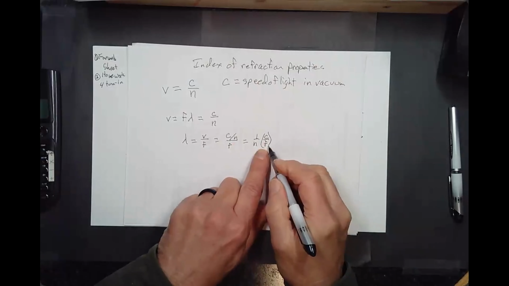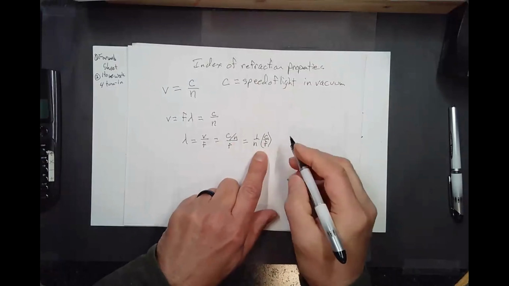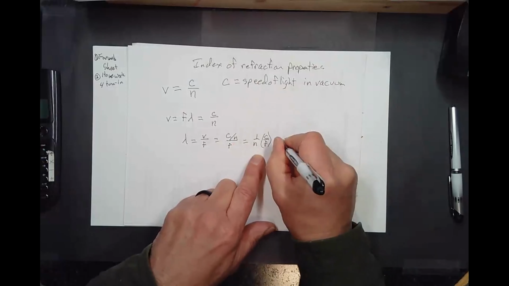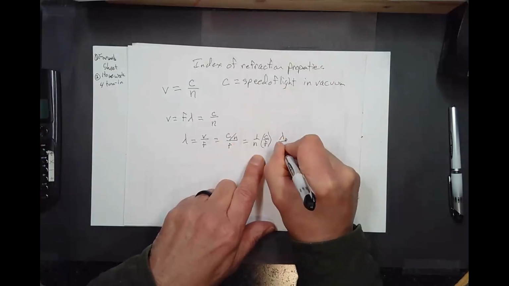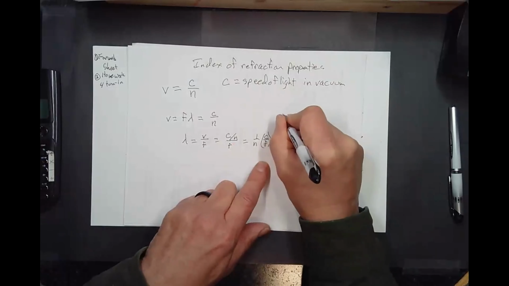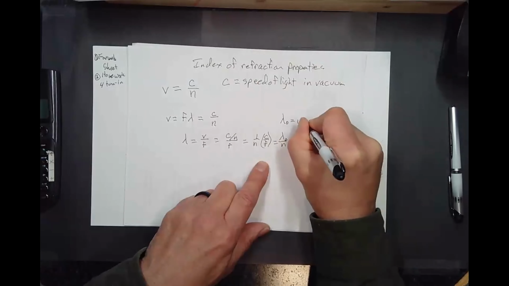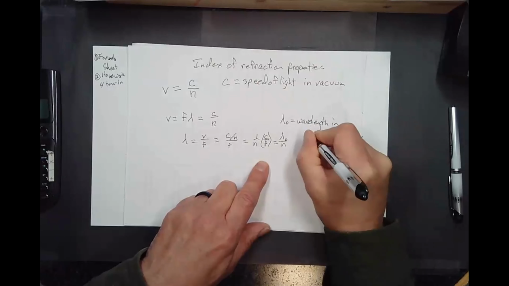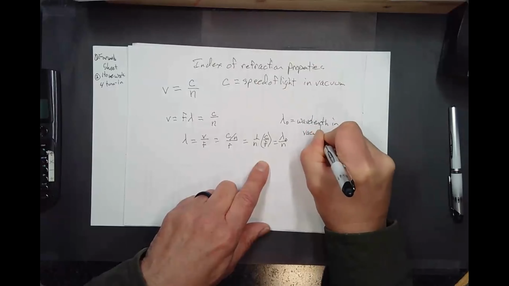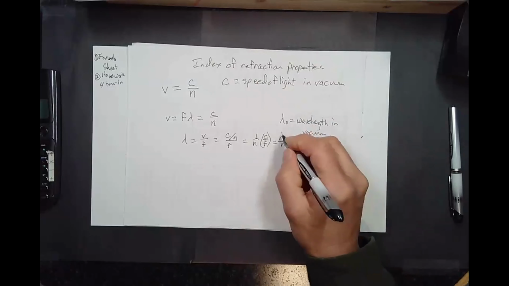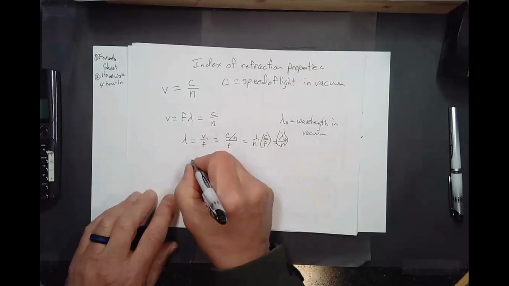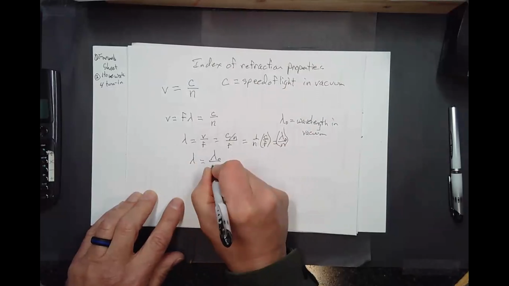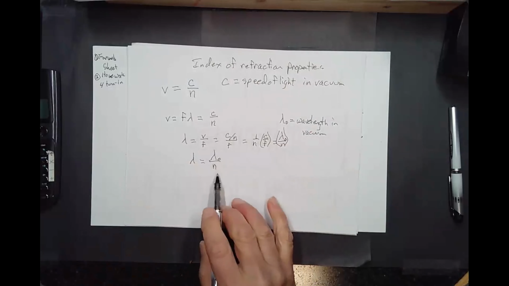This would be the wavelength in vacuum, and so you could call that lambda naught, and this will be lambda naught over n. Lambda naught equals wavelength in vacuum. And so the wavelength in any other medium is going to be the vacuum wavelength divided by the index of refraction.